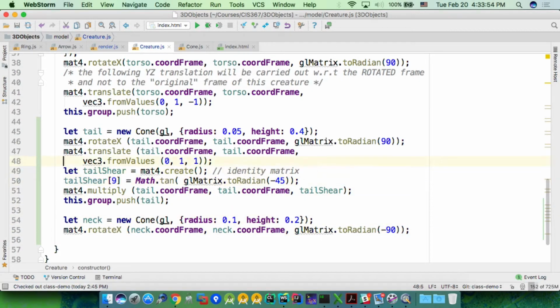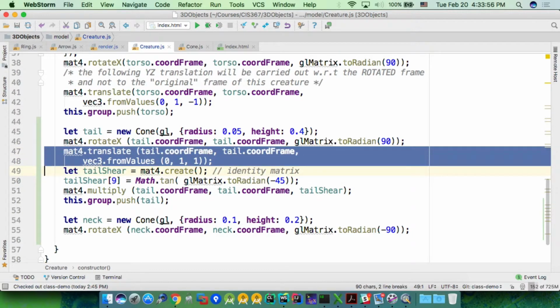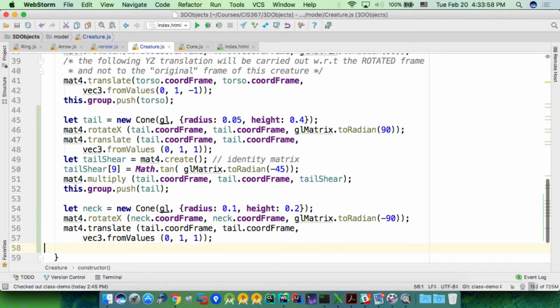And then we do want to translate again. So how much do we have to translate? We want to go negative though, right? Negative z and negative y? Because you're rotating the other direction, so you only want one of them to be negative now. It needs to be the same translation as the torso.